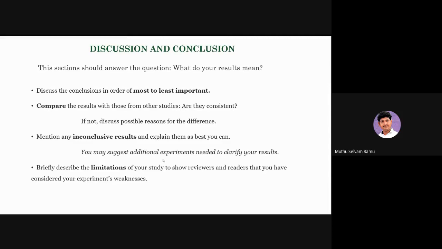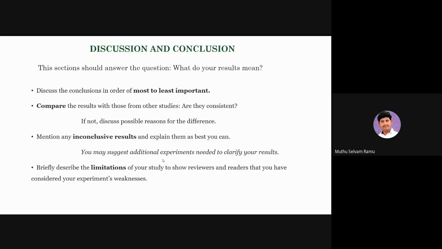If it doesn't promote or justify the problem you have taken, you have to give some references for why it is not justified. That's a good way of making a discussion.